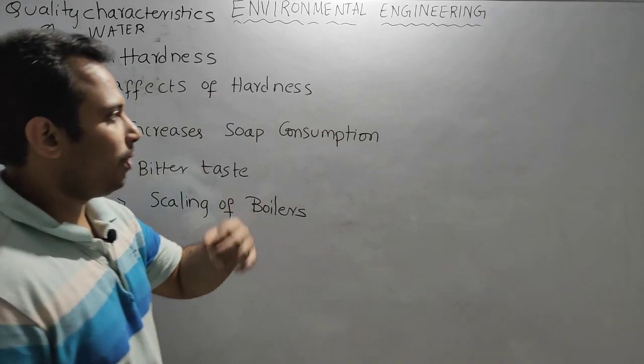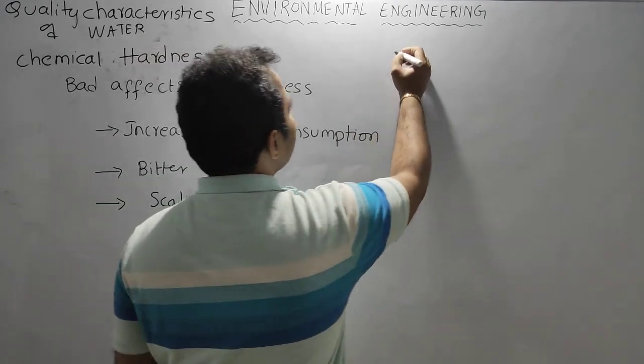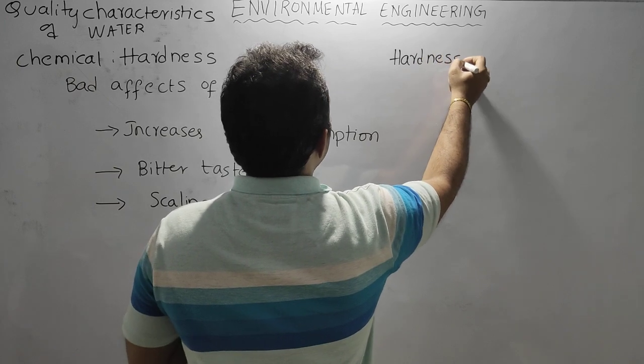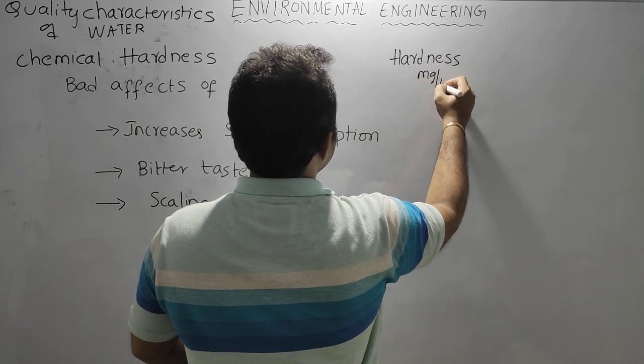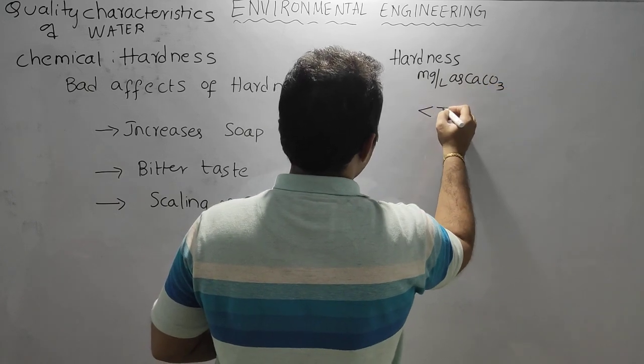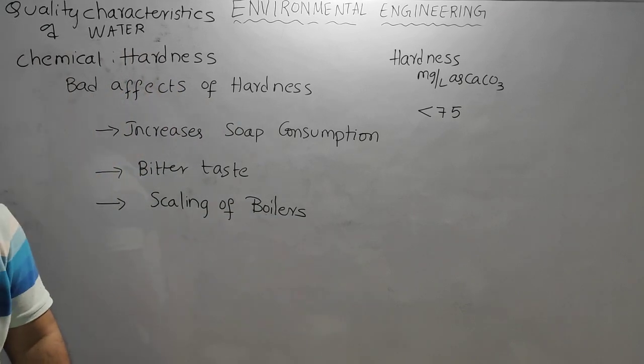Water is classified into different categories depending upon the hardness. When the hardness in mg per liter as CaCO3 is less than 75, we treat that water as soft water.